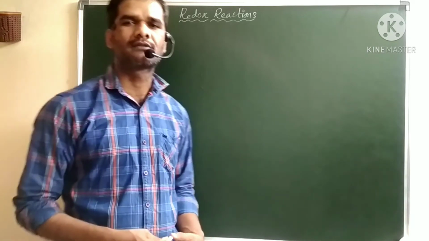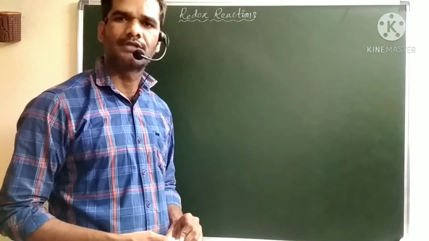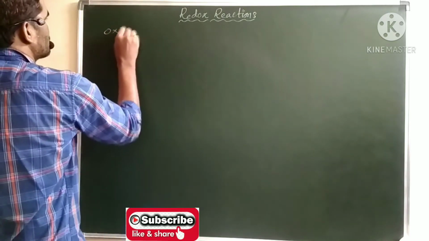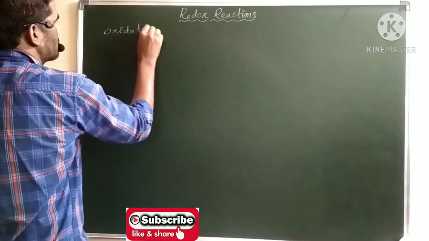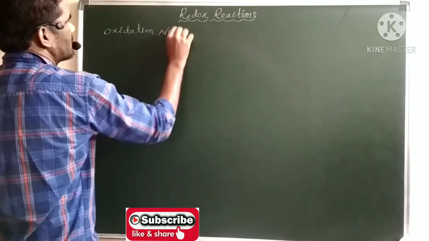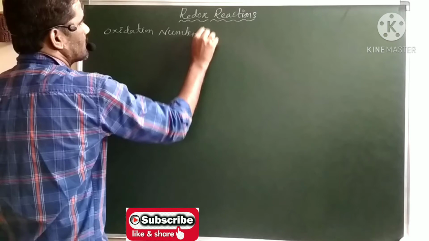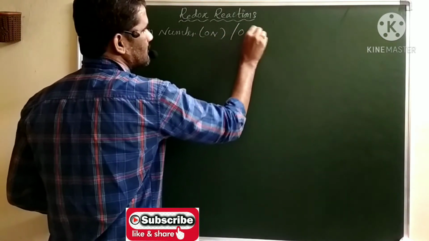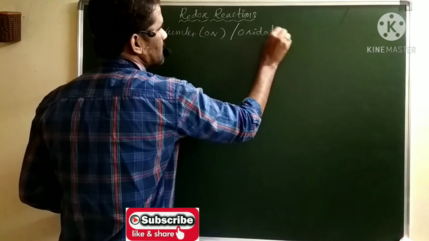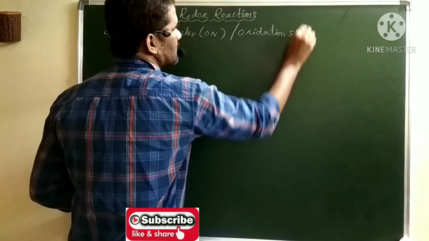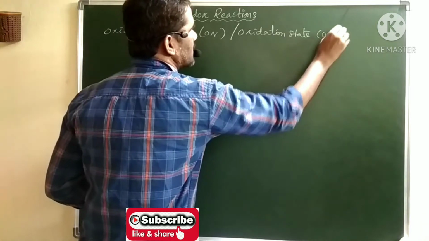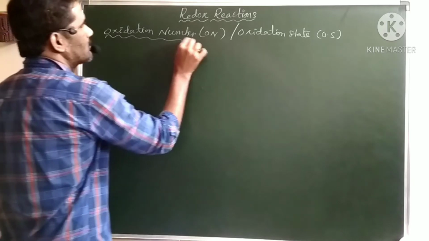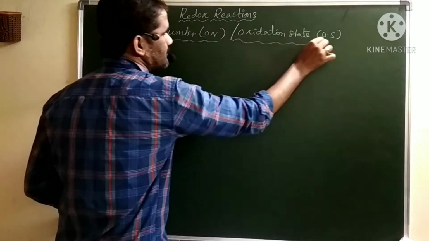So first we will see oxidation number or oxidation state. We can represent it like OS. ON is the oxidation number and OS is the oxidation state.